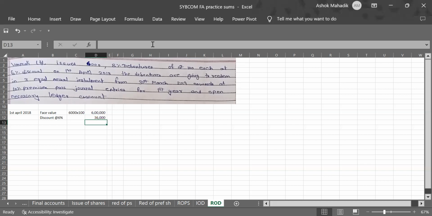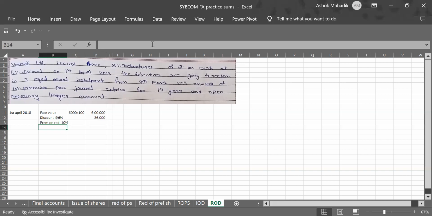So 31st March 19 onwards at a premium of 10%. So we are giving premium on redemption. At the time of sale, we are giving 6% discount, and while redeeming those debentures, we are giving them an extra 10%. Are you getting this? So premium on redemption is 10%.